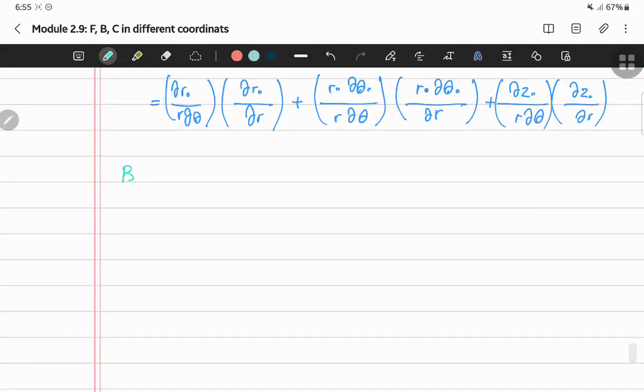You can calculate basically B with respect to X with the reference configuration.